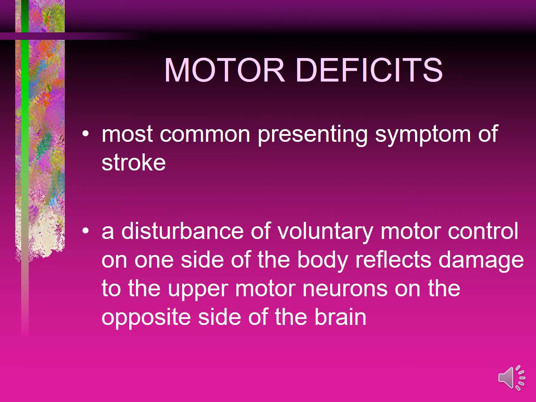So you're going to usually have some sort of disturbance of motor control on one side of the body. And remember that the motor neurons do cross over to the opposite side of the brain. So if someone has damage on the right side of their brain, it's going to be manifested by having deficit on the left side of their body.